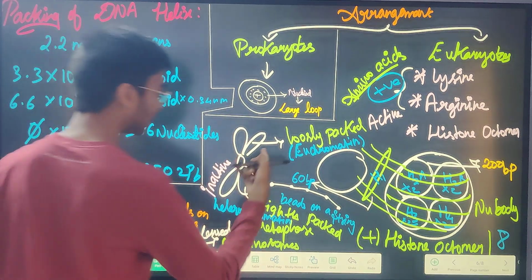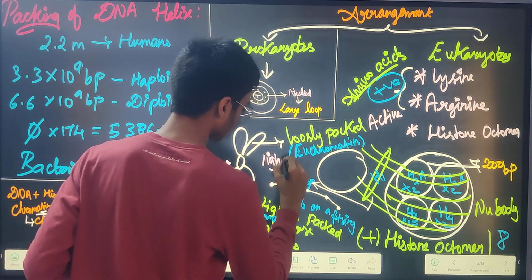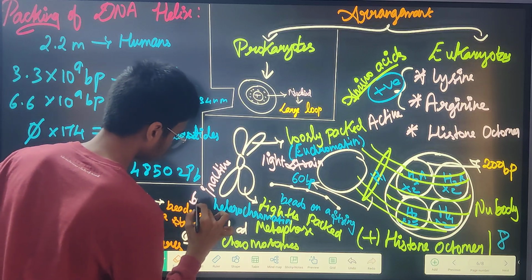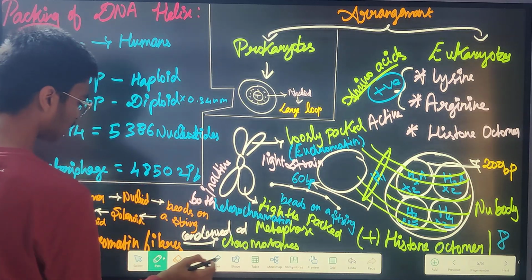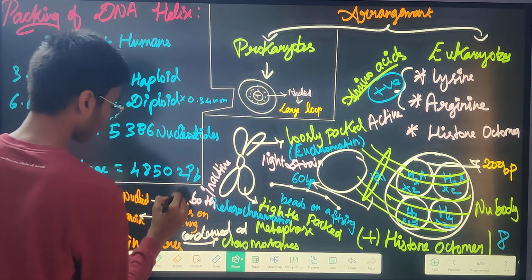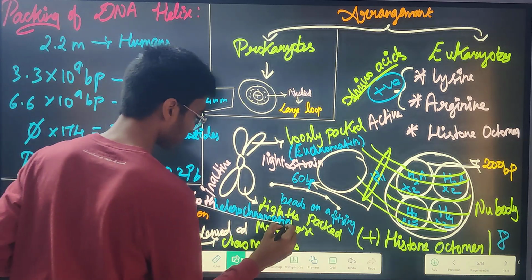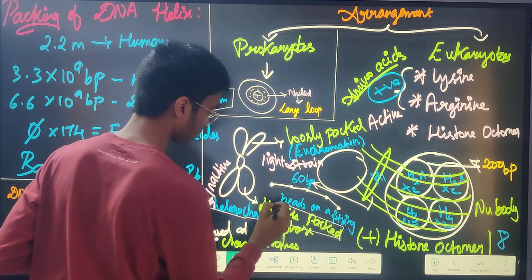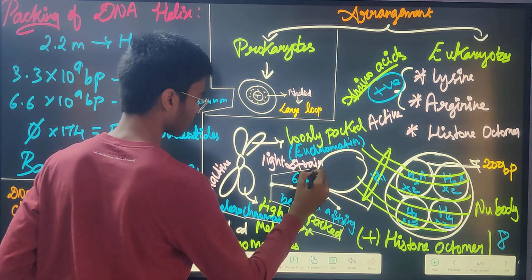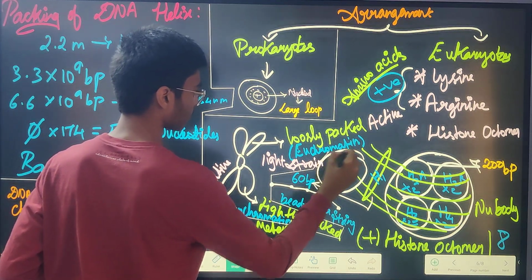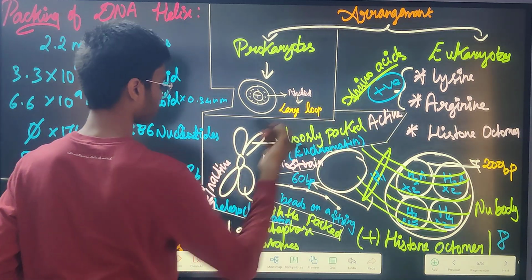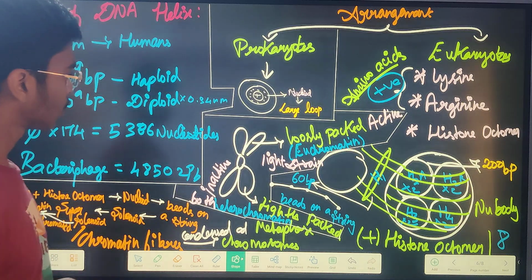Okay, and then this is only light. Light stains will be there. Here it will be both. Both light and dark will be there. Okay, so it's like a spider web.